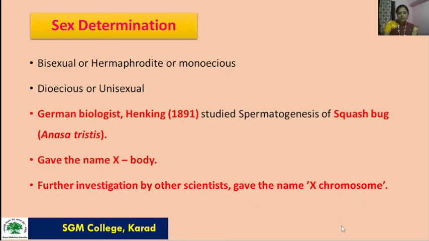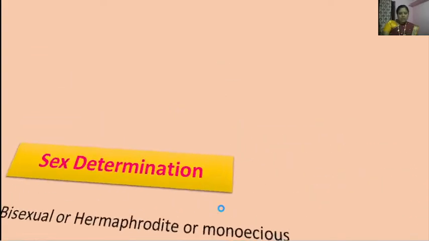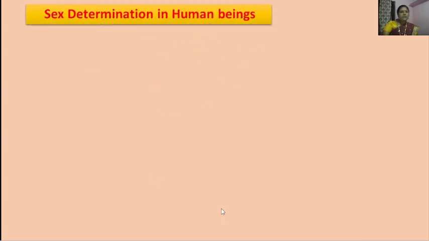Afterwards this particular chromosome was given this name. Okay, this is the mechanism of sex determination. Then another point in sex determination, let us start here, that is sex determination in human beings.